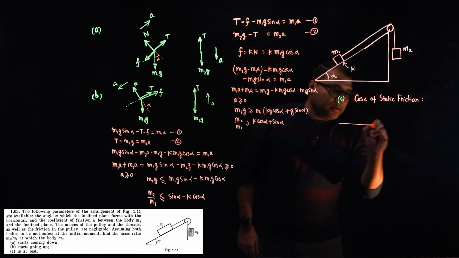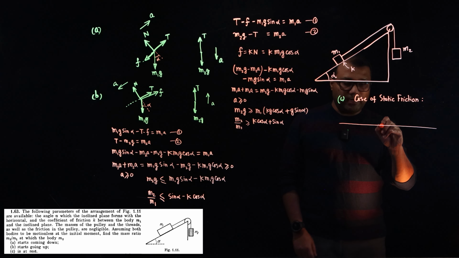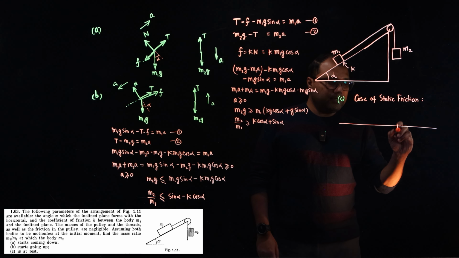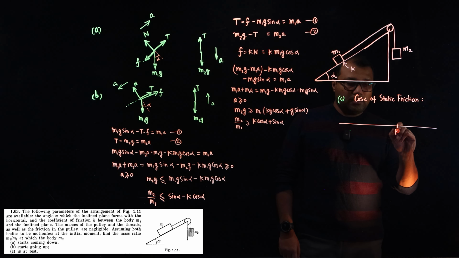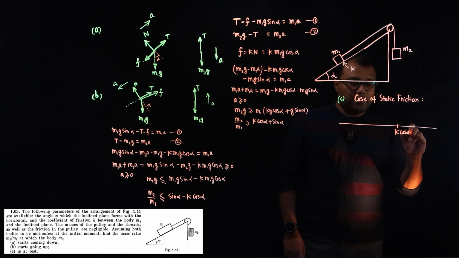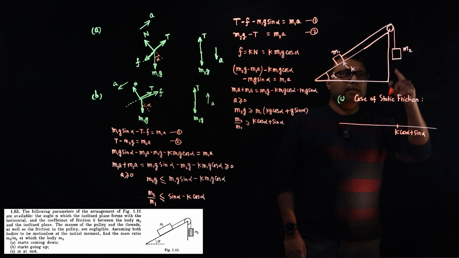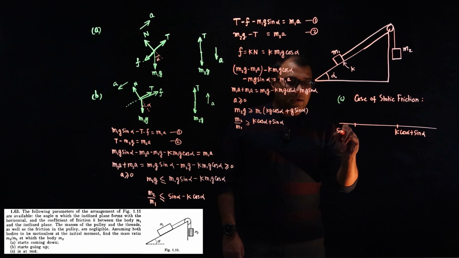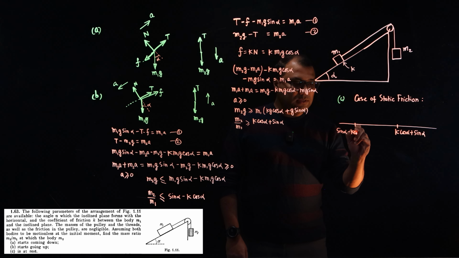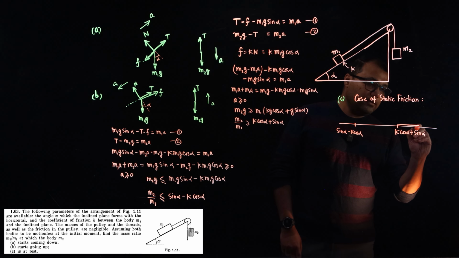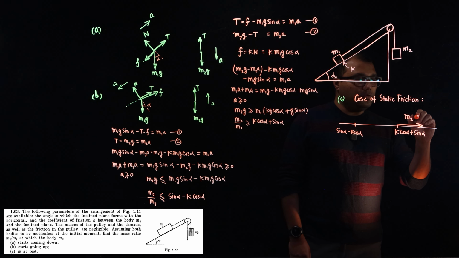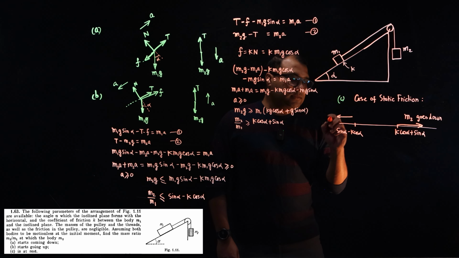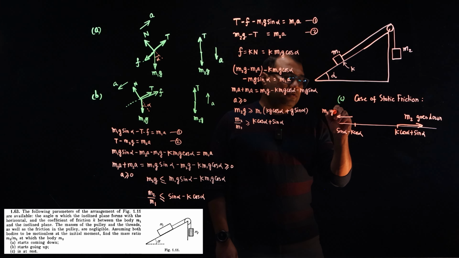So let's look at M2 by M1 values. If M2 by M1 is greater than K cos alpha plus sin alpha, then M2 falls down. If it is less than sin alpha minus K cos alpha, then M1 goes down.